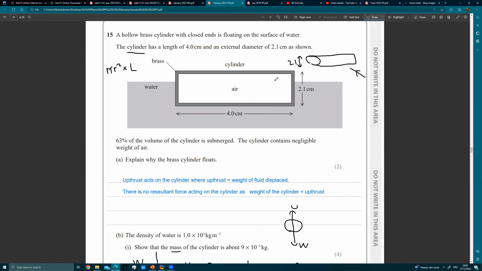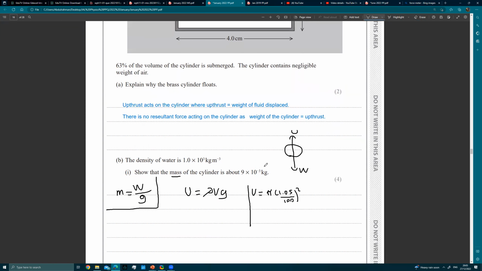No, sir, I thought 4 was the diameter, something like this. To be fair, they've made sure you cannot think that because they said an external diameter of 2.1. So yeah, your thought process is reasonable, but they've even shut that one down. That's probably what I did wrong.